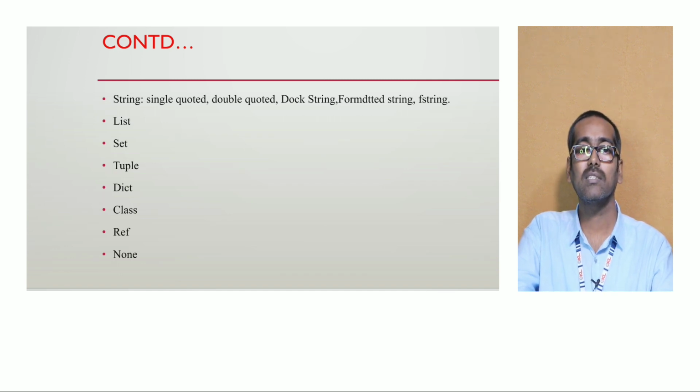There is also a new type called docstring. What does docstring mean? A docstring is a three single quoted string, which means it starts with three single quotes and ends with three single quotes. It is generally used for documentation.